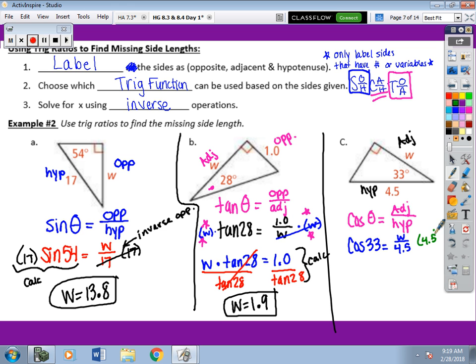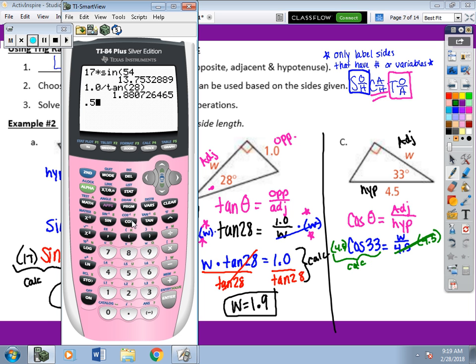We do the inverse, which is to multiply by 4.5. And then this whole thing goes into my calculator. 4.5 times cosine of 33. Hit enter, and 3.77, which would round to 3.8.